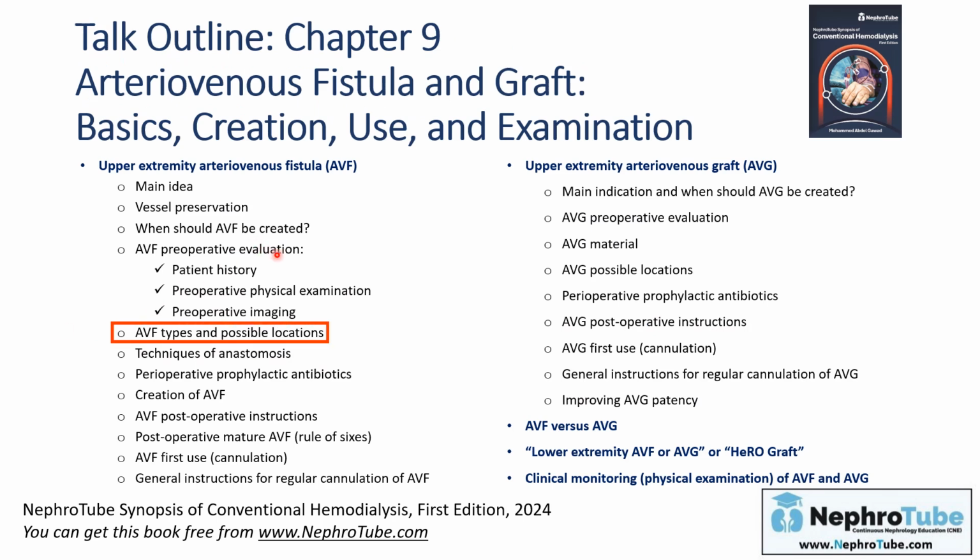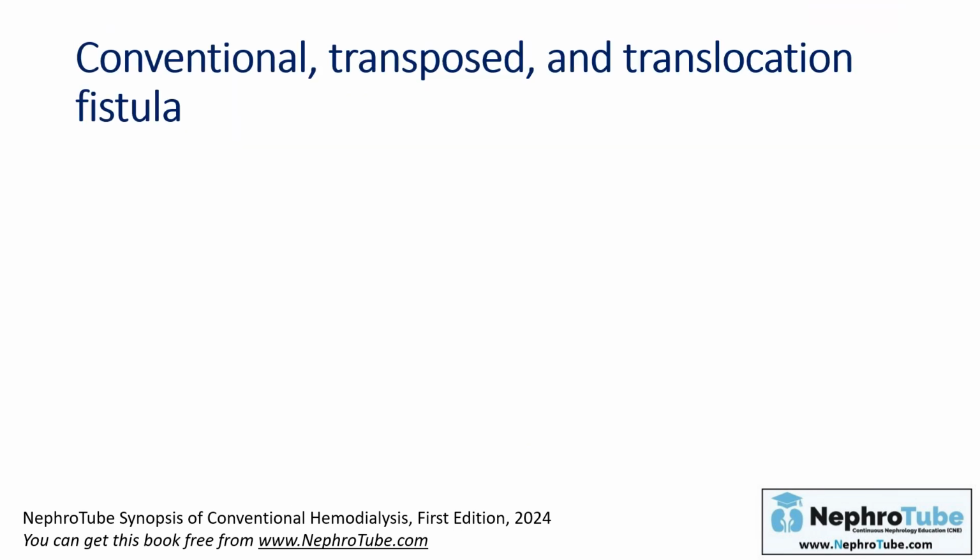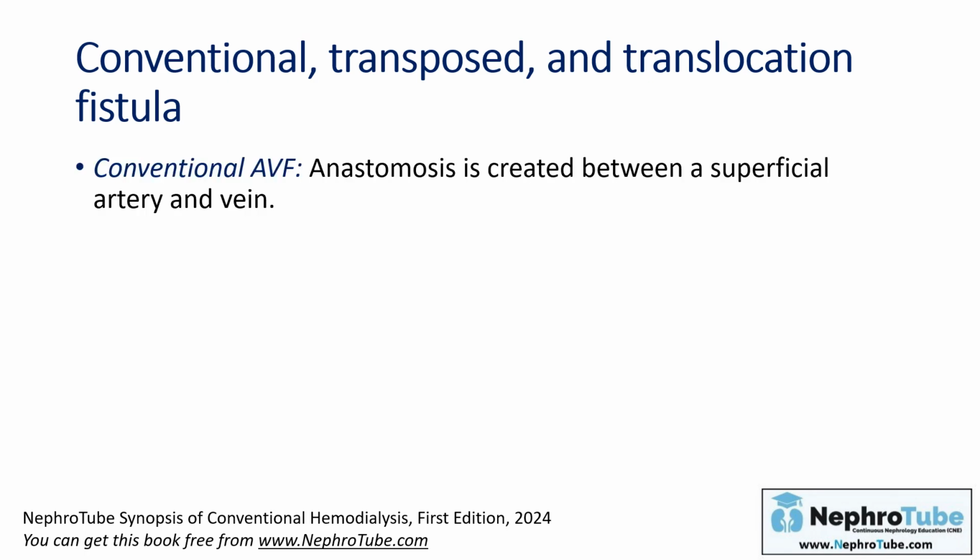After we mentioned perioperative evaluation of the patient, now what are the AVF types and the possible locations? There are three types of AV fistula: conventional, transposed, and translocational fistula. The conventional AV fistula is just a creation of anastomosis between a superficial artery and a superficial vein.